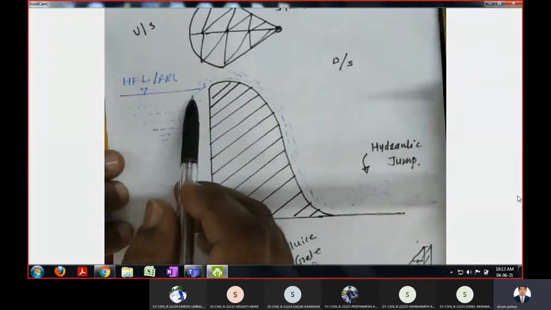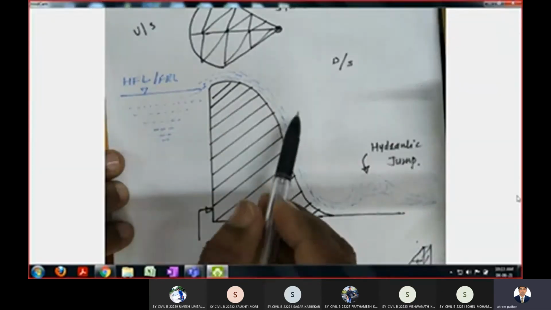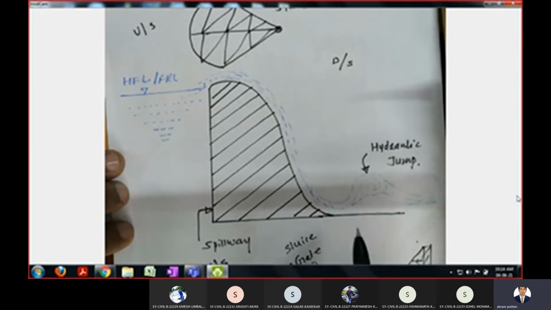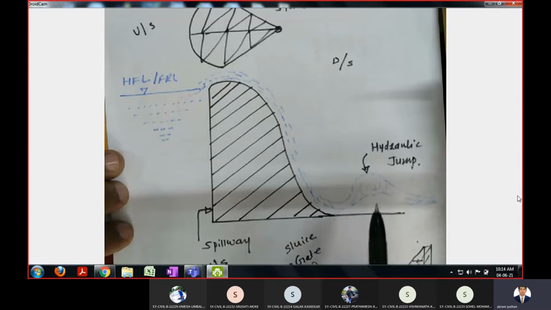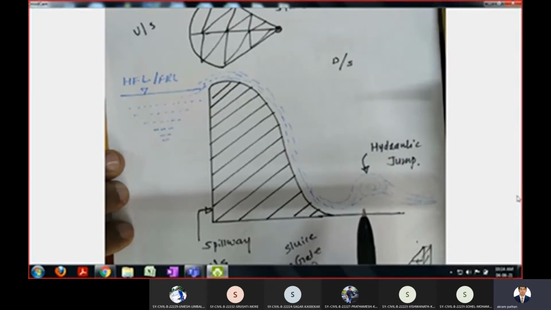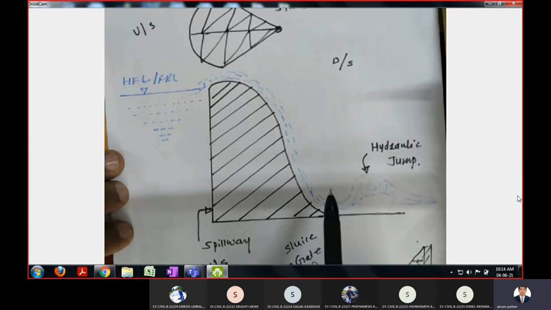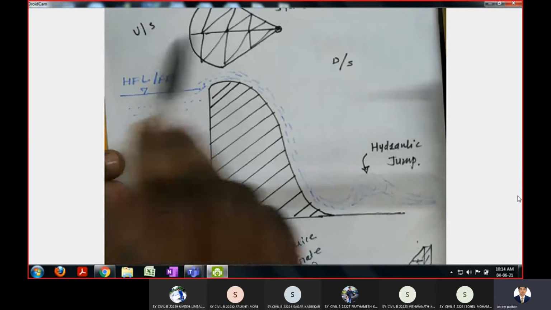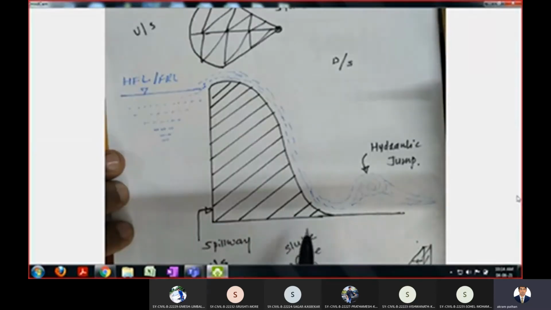According to the crop water requirement and the land to be irrigated, for example if we want to irrigate 20,000 hectares of land, we have to calculate how much discharge we require. Once we have that calculation, we can open the gate and supply the water through the channel.